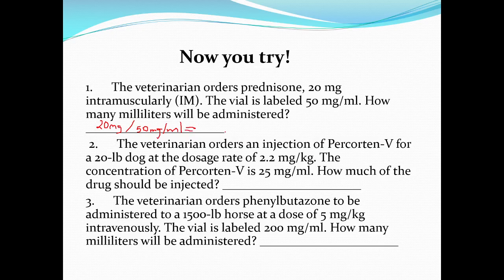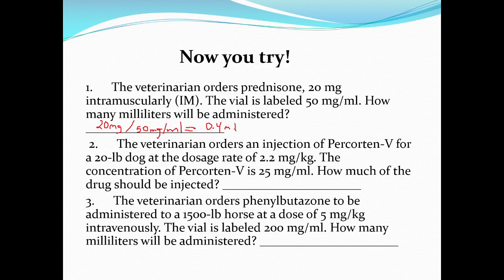That is something you should be able to figure out very quickly, and then you can check it with your calculation. If each mil has 50 milligrams, but we only want to give 20 milligrams of that, then you're going to be giving less than a mil. So it's going to be 0.4 milliliters.